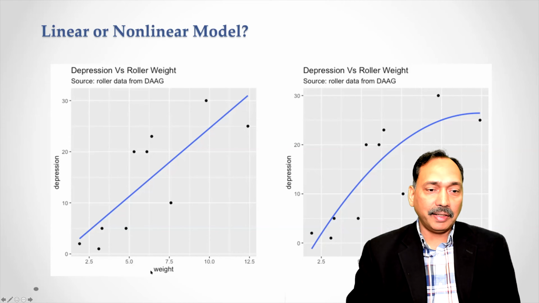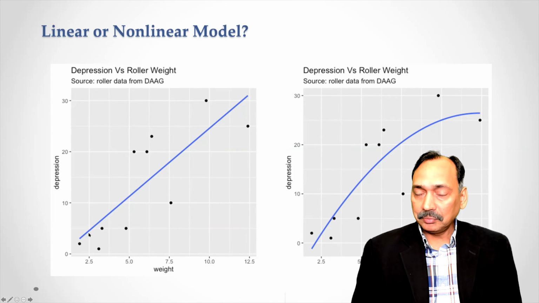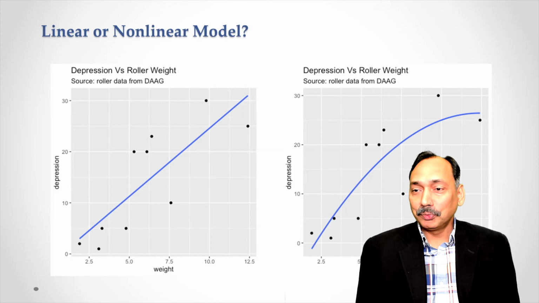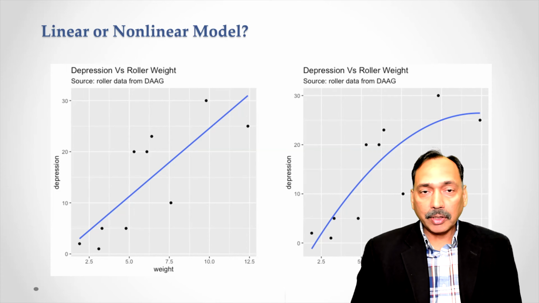These values in terms of weight seem very close, like this and this. These 2 points are very close in terms of weight, but in terms of depression you have a big gap here. So why that gap is, we don't know. So it is unexplained, and in statistical language we call it error.